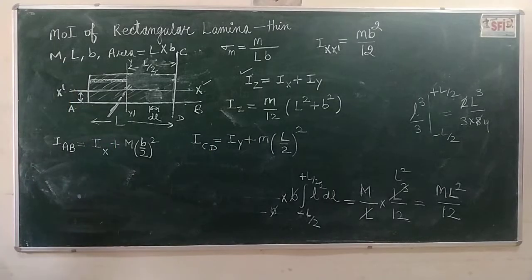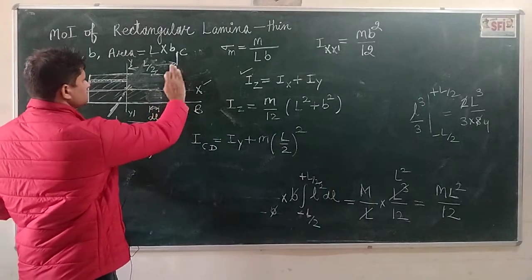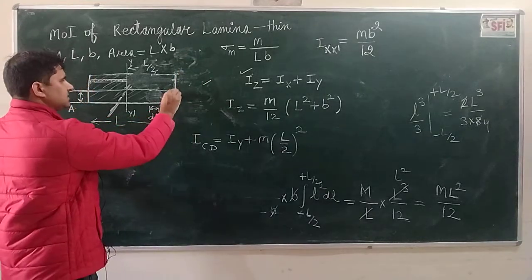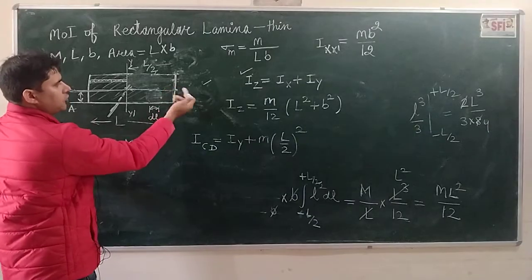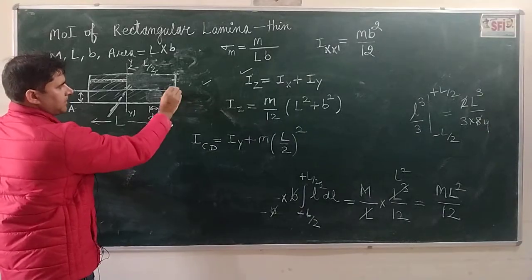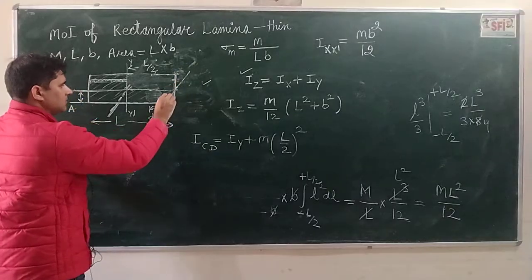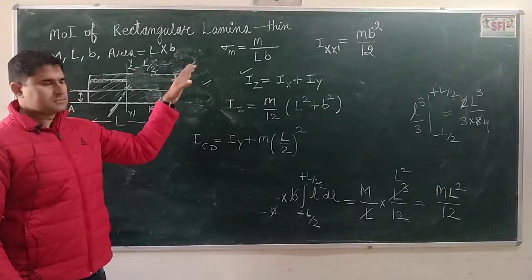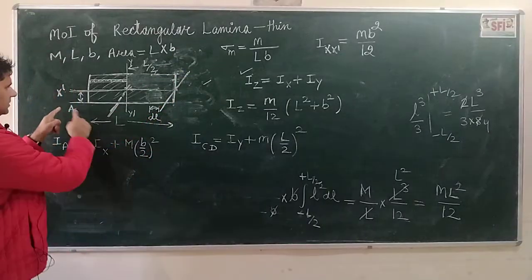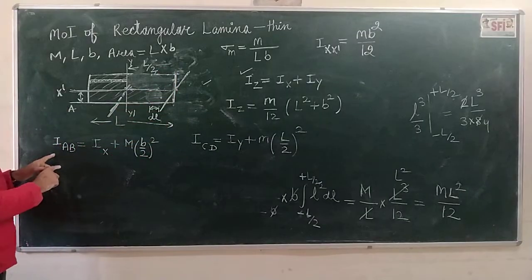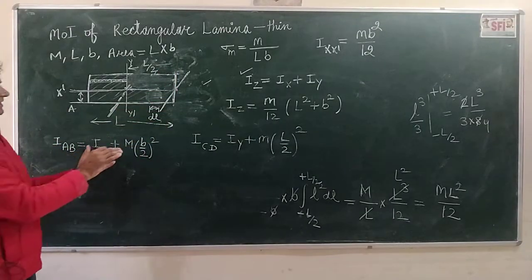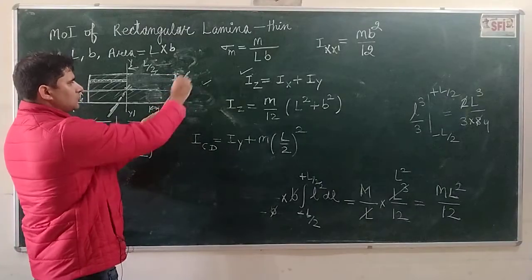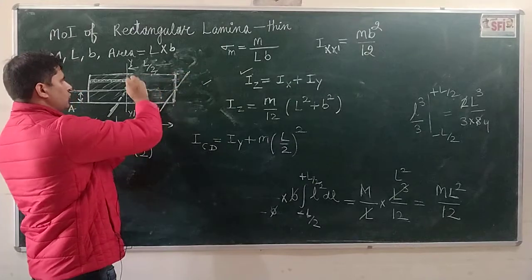Okay, let us do one more case. If we have an axis which is passing through the mid of the breadth and perpendicular to the plane of the lamina. AB and CD, these axes are in the plane of the lamina. Now I am taking an axis which is passing through the mid of the breadth and perpendicular to the plane of the lamina.